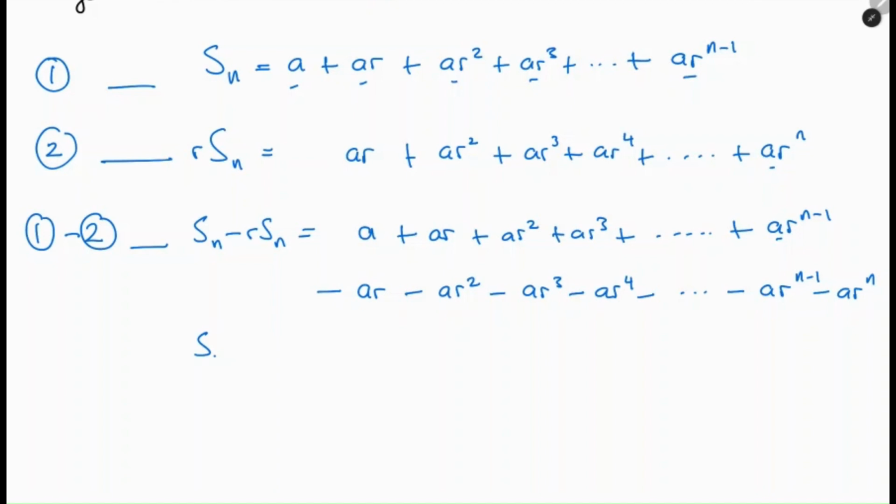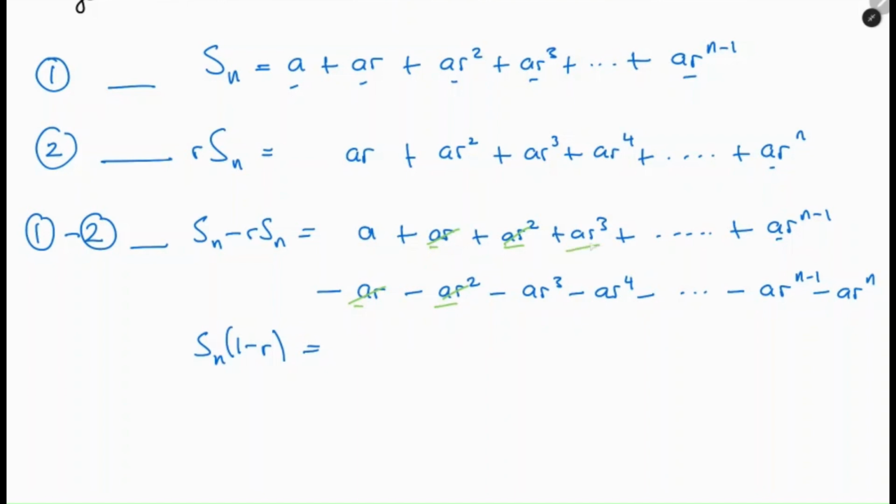On the left hand side, I'm going to take out a common factor of Sn, and that leaves me with 1 minus r. On the right hand side, here's where the cool trick comes into play. Here I have ar, here I've got minus ar, so these cancel. Here I've got ar squared, here I've got minus ar squared, so these cancel.